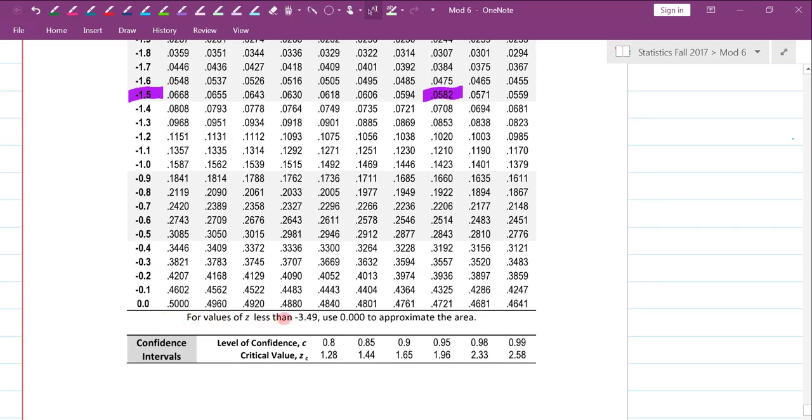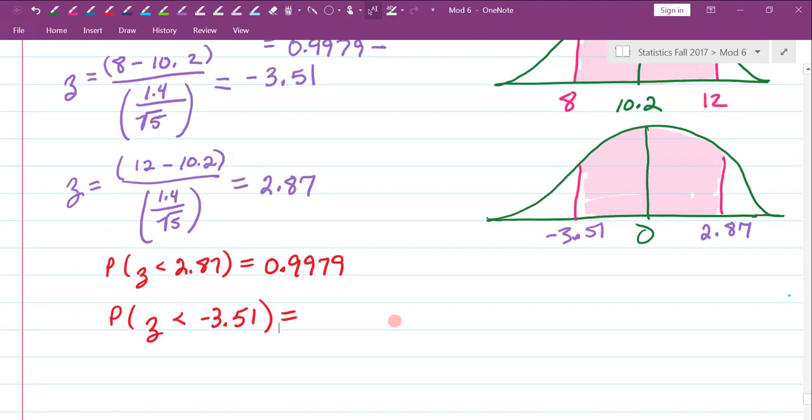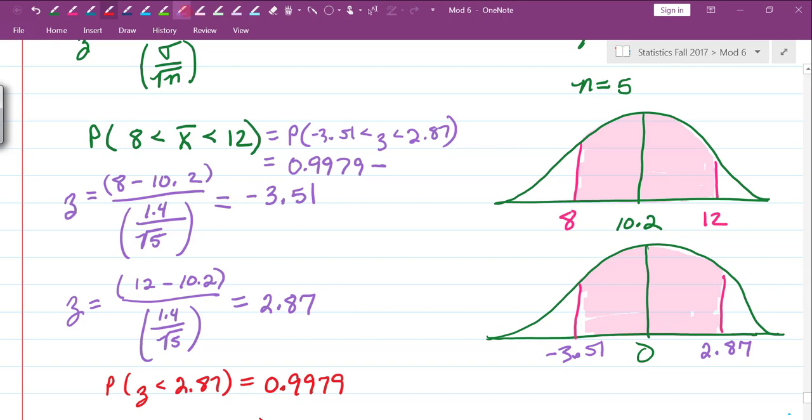Okay, so we're going to approximate this as being 0.00. So we would actually subtract, and I'm going to just write it here so that you can see that. And so our answer is going to be 0.9979.